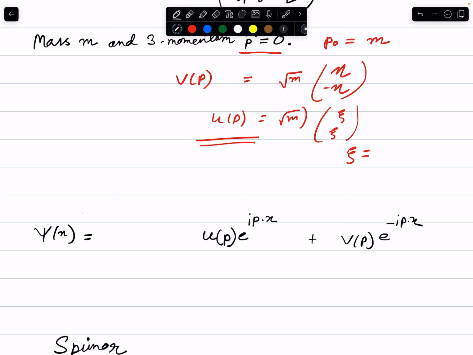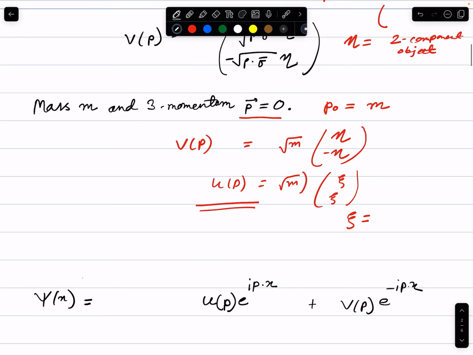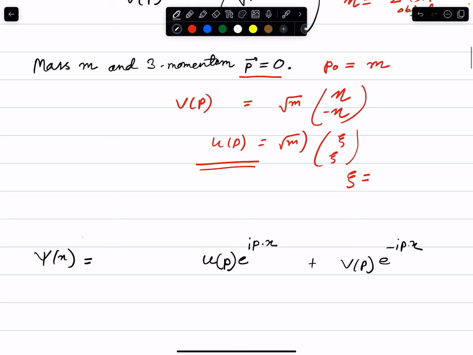So again, we have this e to the power ip dot x and e to the minus ip dot x. These are the solutions, and we just saw that these are given by these xi's, which themselves have a basis of 2 dimensions. So these are 2-dimensional vectors. So a xi, most general xi, can be written as a sum of 2 of them corresponding to spin.